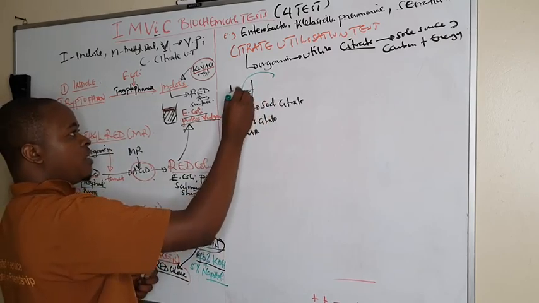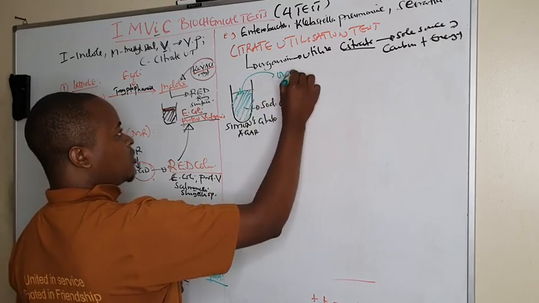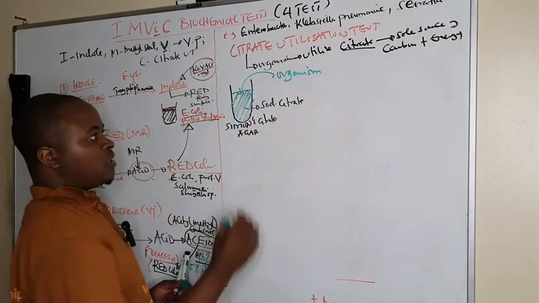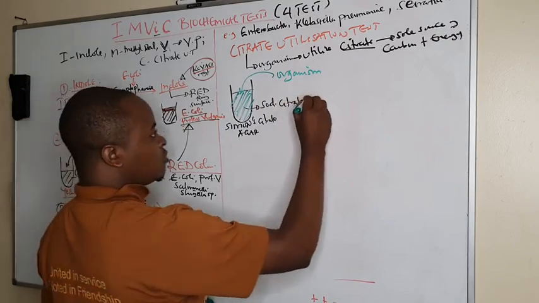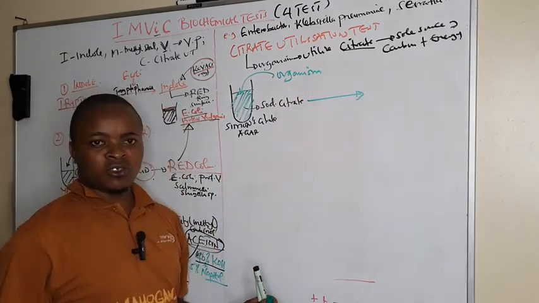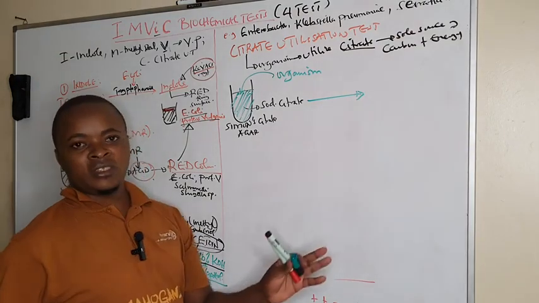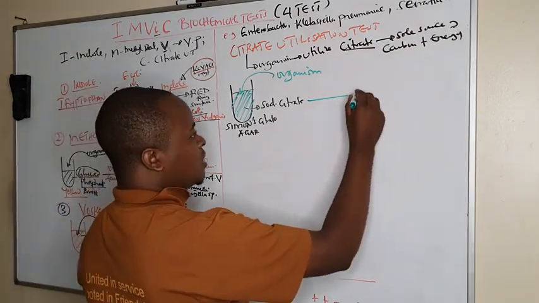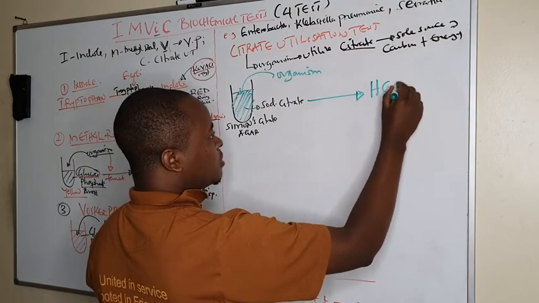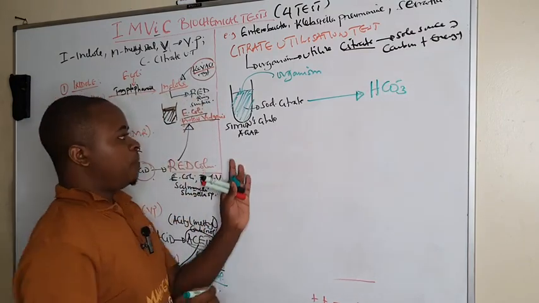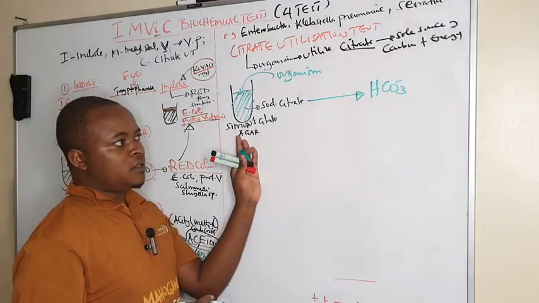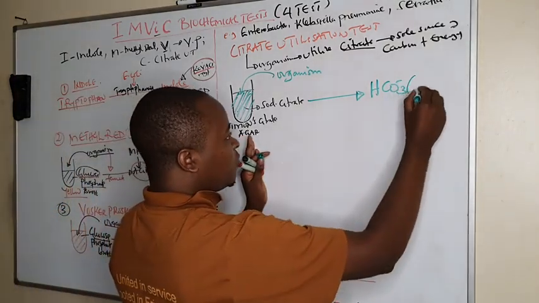But when we inoculate the organism, which we suspect to utilize only citrate, it is able to use citrate as a source of carbon and energy, and this leads to formation of bicarbonate, which turns the pH to alkaline, leading to formation of blue color.